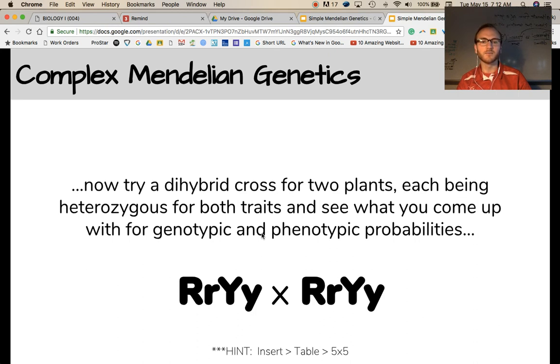You can do that right in your notes. You can do it in a Google Doc, you can do it in a Google Drawing, whichever you prefer. And I will just give you a little hint. If you're not doing it in Google Sheets, if you're doing it in Google Slides or Google Docs, you're going to have to use insert table and then pick a 5 by 5 for your table size to actually drop a workable Punnett square into your doc or drawing.